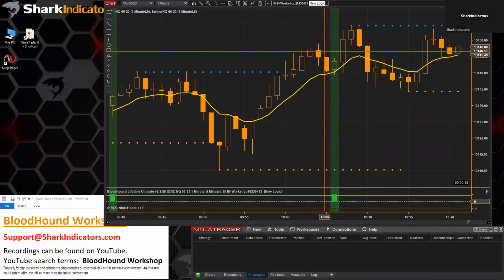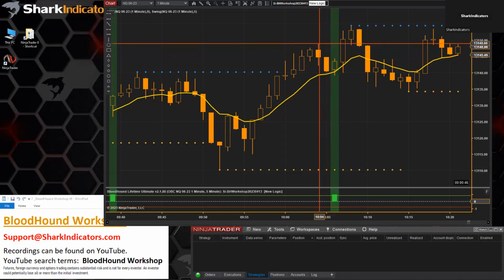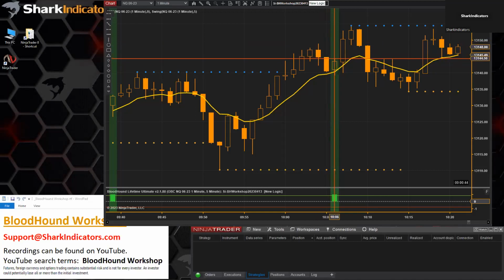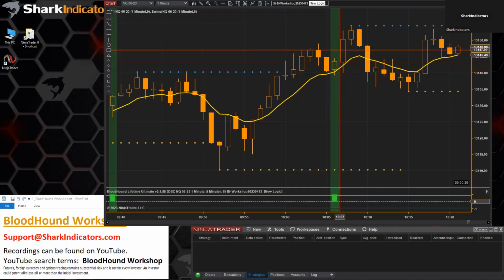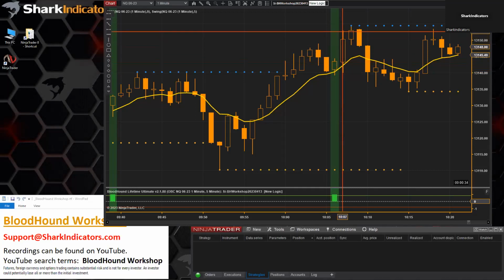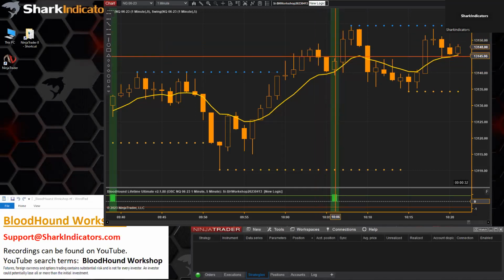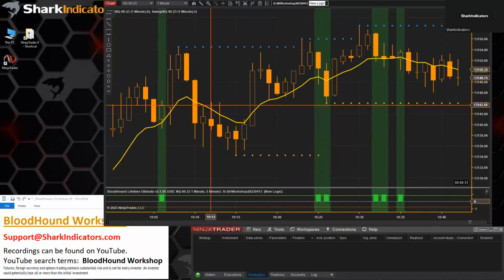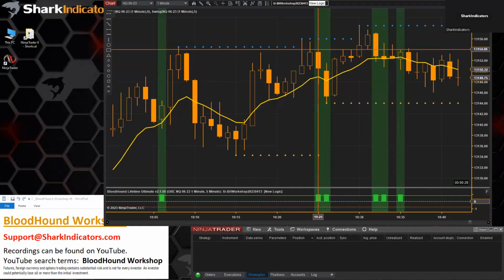So we get that smooth pullback of the highs stepping lower, and then we get that touch. And then the signal ends because the next bar actually violates the pullback, whereas previously the highs are still in that smooth pullback behavior.